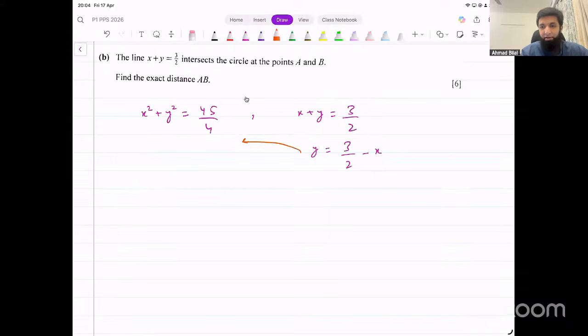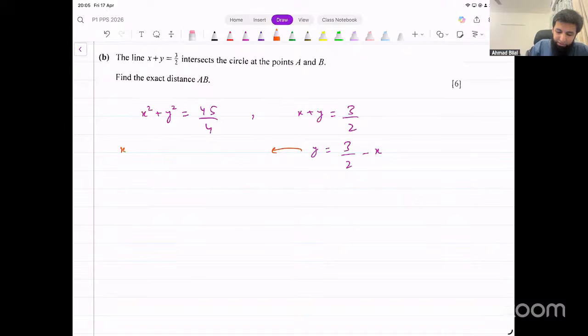No, do not try to make x or y the subject from the circle equation, because when you take square root, you would have to have plus minus there. That is going to complicate things. So it's not a good idea that you make x or y the subject from the circle's equation. Make it from the line's equation, because you don't have any square root problem there. Let's input this here.